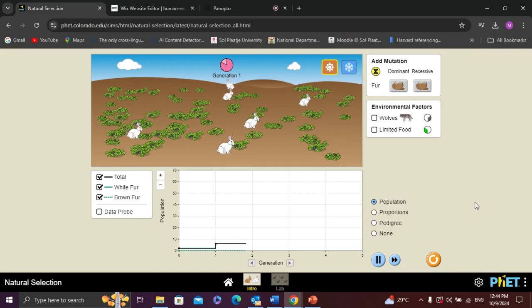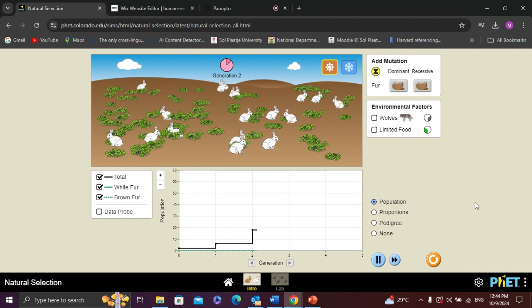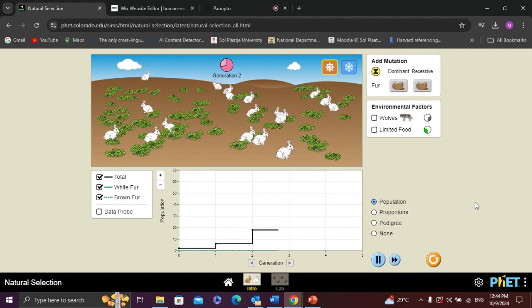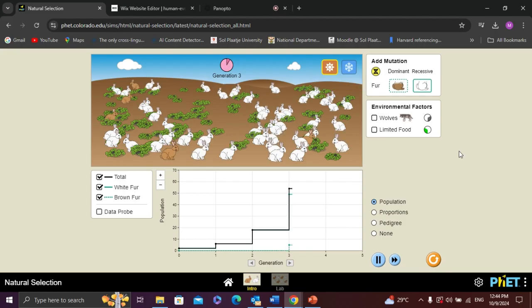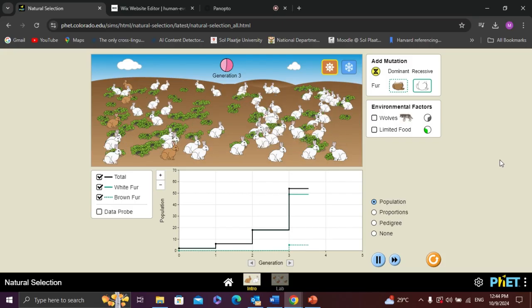Now let's see how this takes place. Now there they are, the rabbits with brown fur as well.